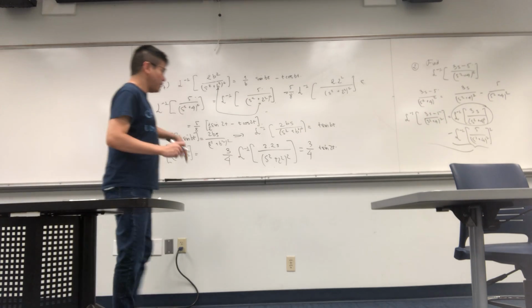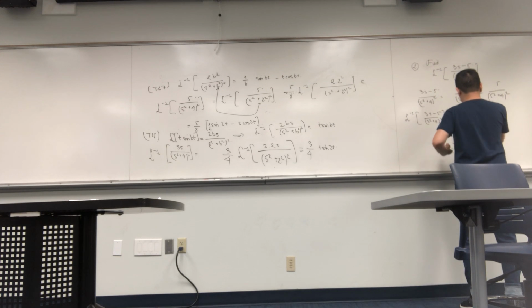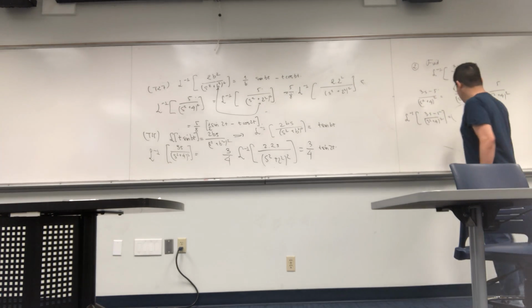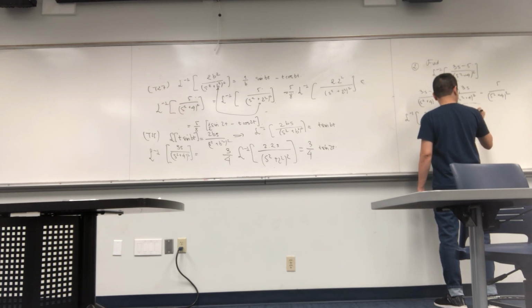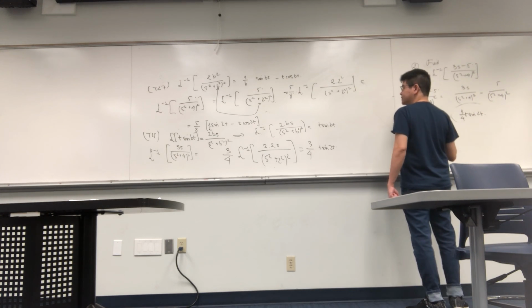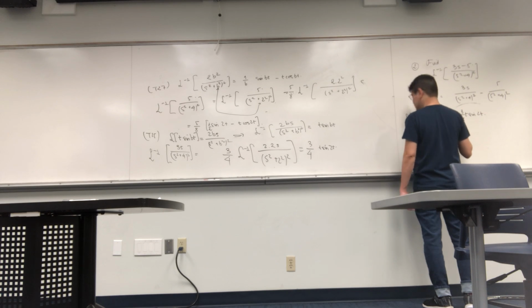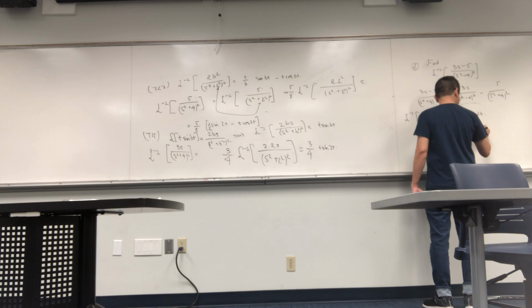Right. So now I have everything, which means that here I can replace the formula that I have here to be 3 over 4 t sin 2t minus 5 over 8 (sin 2t minus t cos 2t).